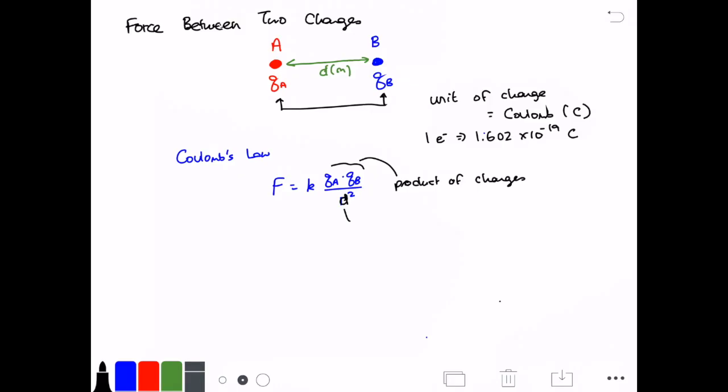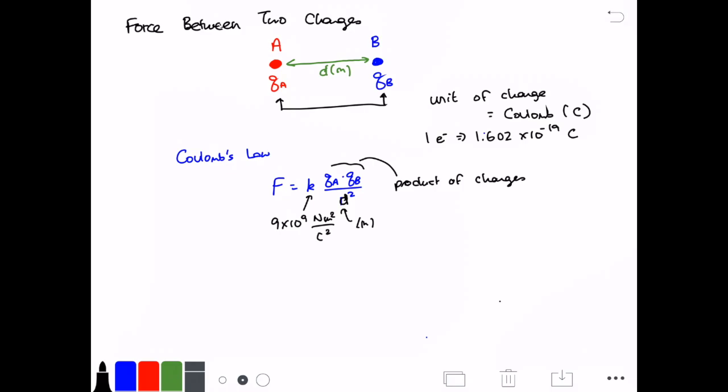That's really D, the distance here, in meters. And the number K is some constant, which is 9 times 10 to the 9 Newton meter squared per Coulomb squared.